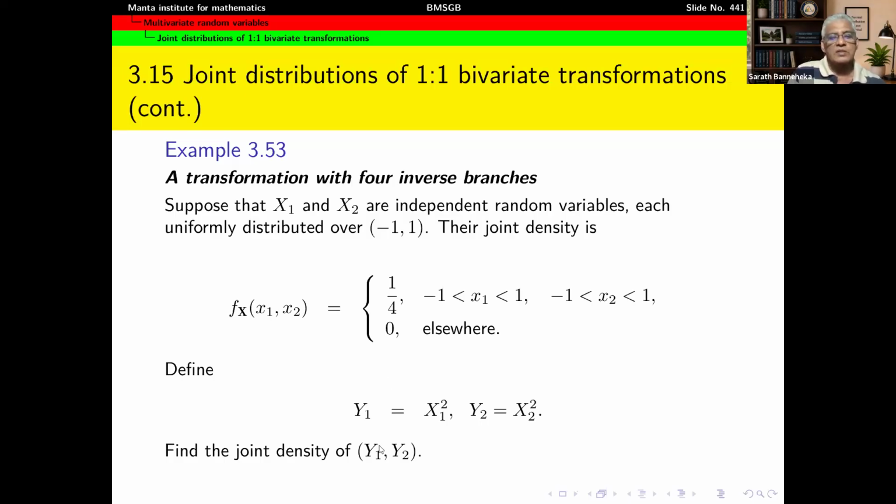Now, let us consider the transformation y1 is equal to x1 squared and y2 is equal to x2 squared. What we want is to find the joint density of y1, y2. In this case, clearly, the transformation from x1, x2 to y1, y2 is not a one-to-one function.